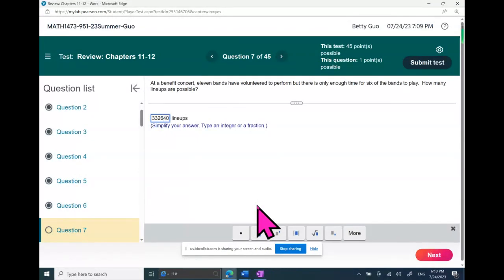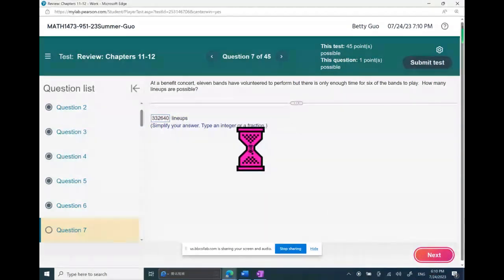Double check. It never hurts. Always double check your answer, because you only have one attempt. If you mess up that one attempt, you lose the point on the test. This is 332,640. That many lineups. Type an integer or a fraction. So this is an integer, a whole number.